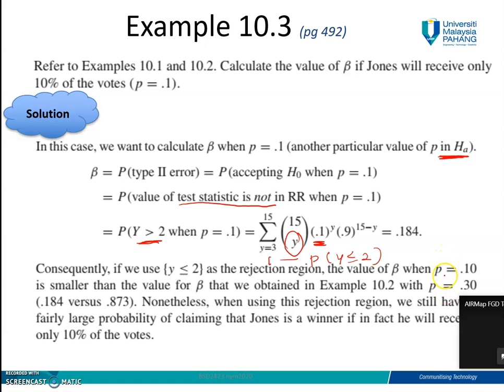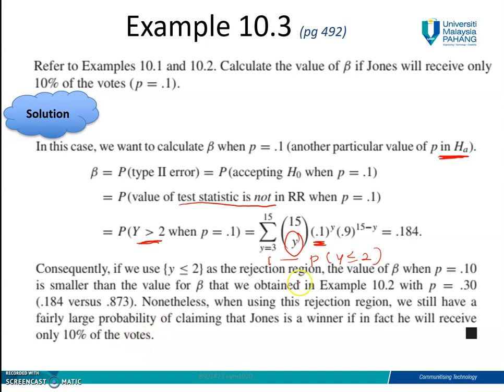Now when our P is 0.1, we have 0.184 and the other one is 0.873. Very different. Nonetheless, when using this rejection region, we still have a fairly large probability of claiming that John is a winner if in fact he will receive only 10% of the voters.